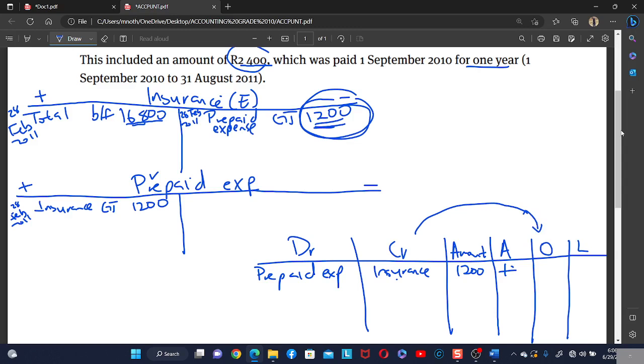But this time, the expenses are already negative here. They are already decreasing. So under owner's equity, because the expense is already decreasing, it's going to be negative and negative, which is going to be positive. Then we're done with the accounting equation.